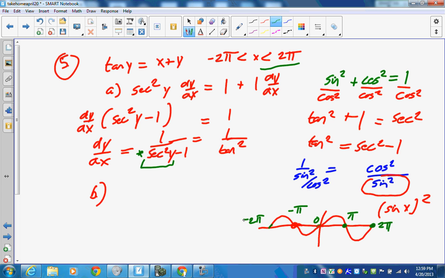Since I want you to know the x and the y coordinates, what are you going to do? Let's take a look at a situation where it's pi. So we're going to have 3 answers for this part. When it's pi, you're going to have tangent of y equal to 0, plus y.